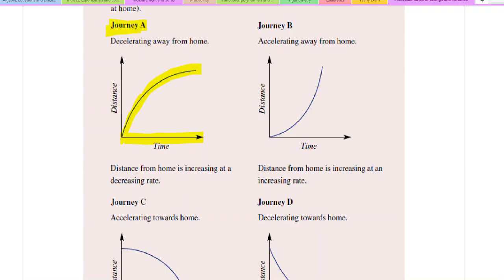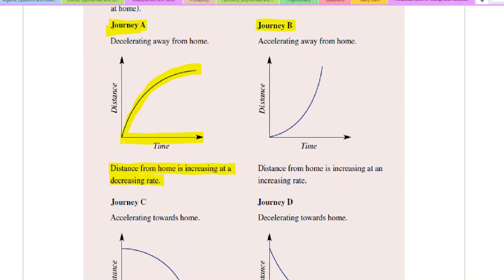So we say that it is decelerating as we go away from home. So down the bottom here it says the distance from home is increasing, but at a decreasing rate. So we're getting further away from home, but we are slowing down in how fast we are traveling away from home. So increasing at a decreasing rate.